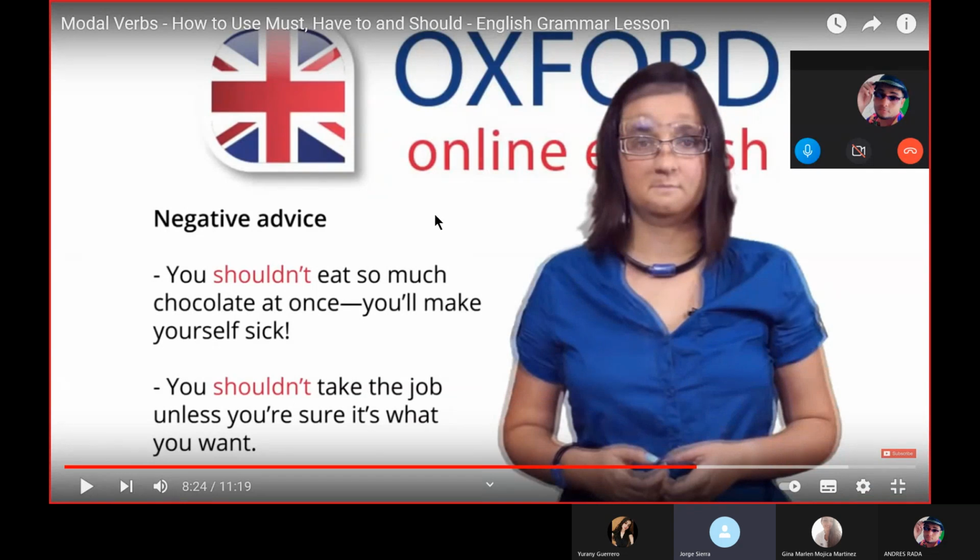Ok, en cuanto a un consejo negativo, sí solo se debe usar el shouldn't. Ok, shouldn't. El must y el have to para expresar un consejo en forma positiva, pero ya en forma negativa sí solo vamos a hacer uso del shouldn't. Ok.